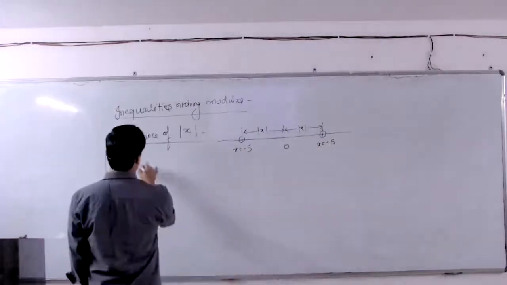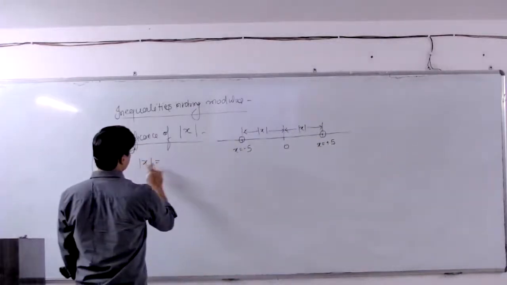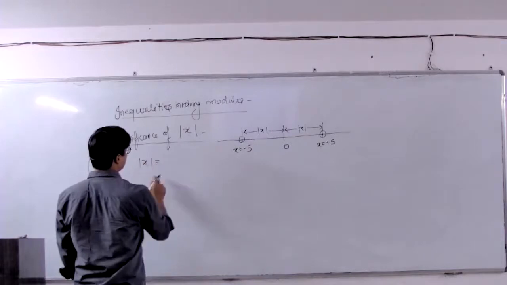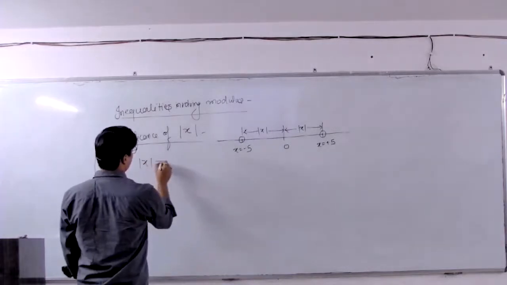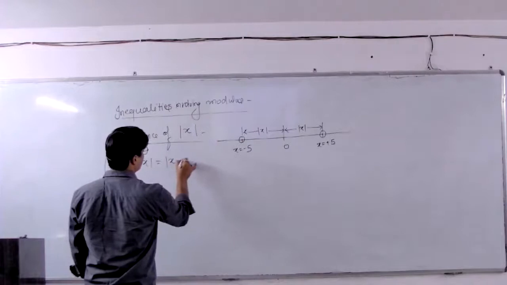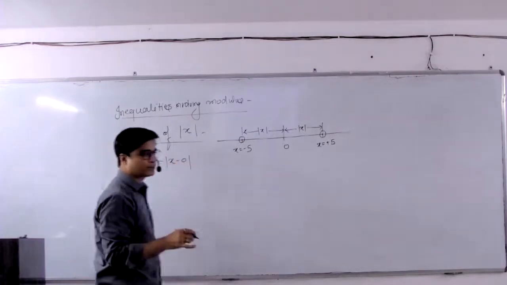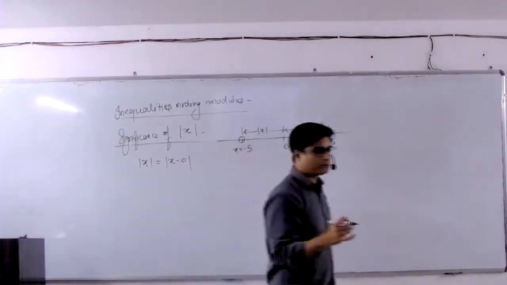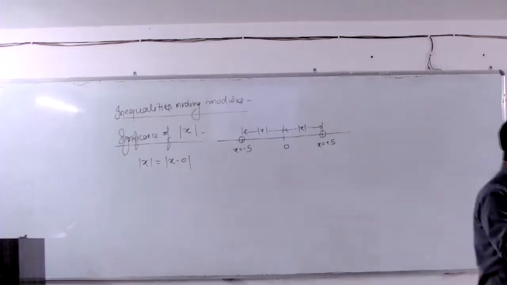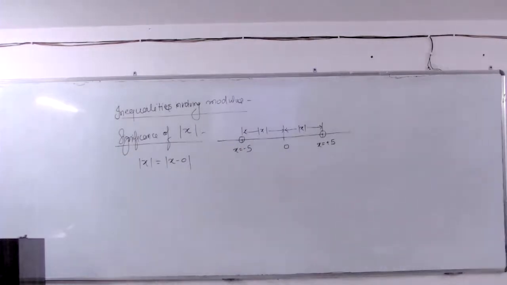So mod x is nothing but, now you will be able to correlate it. Mod x is nothing but mod of x minus 0, vector form and its modulus. It is not the same modulus, but it is vector form or not? Final minus initial vector, something like this.